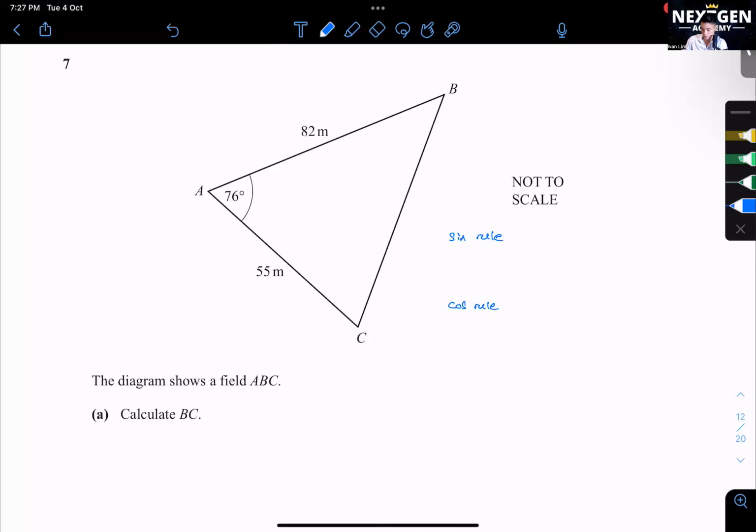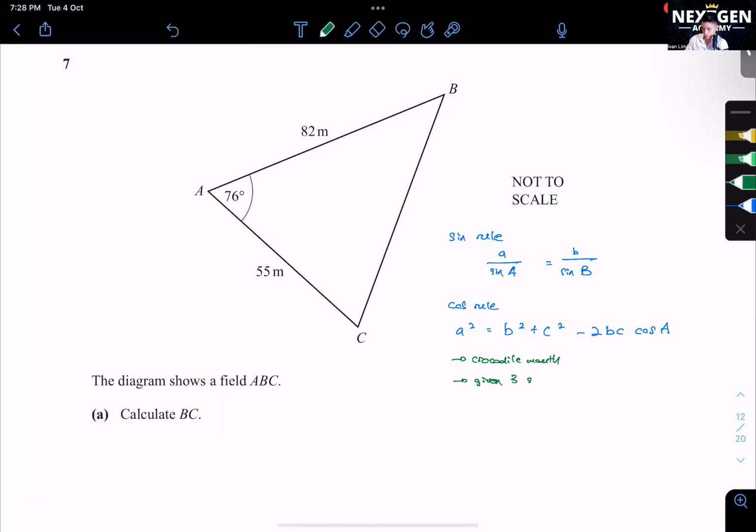So write it down first. a squared equals b squared plus c squared minus 2bc cos A. This one, sine A over a equals sine B over b. Remember, crocodile mouth, or if you have three sides, we will use this cos rule. This one is when you have a crocodile mouth or are given three sides.